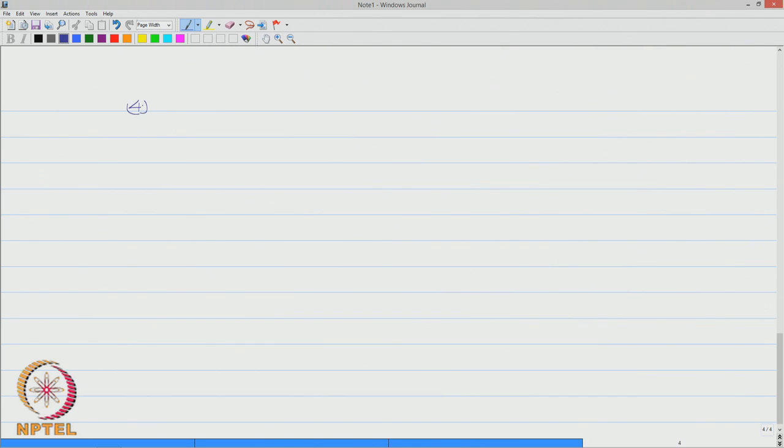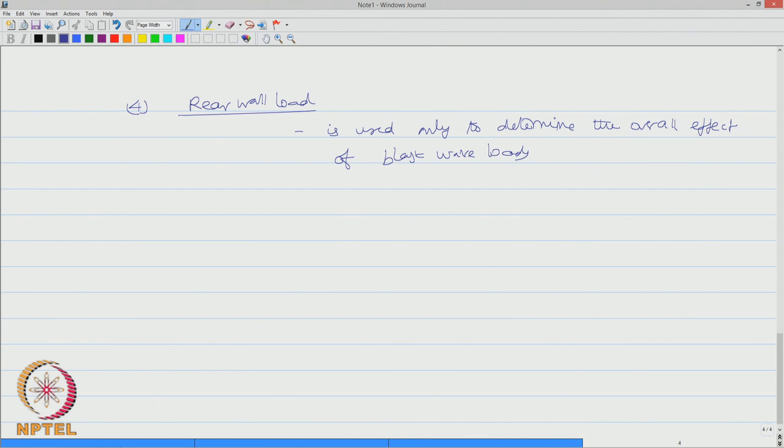The fourth element is the rear wall. The rear wall load is generally used only to determine the overall effect of the blast wave loads. Actually, the rear wall load tends to reduce the overall blast force.